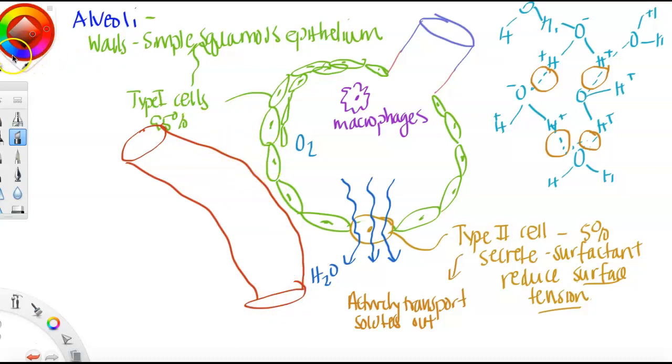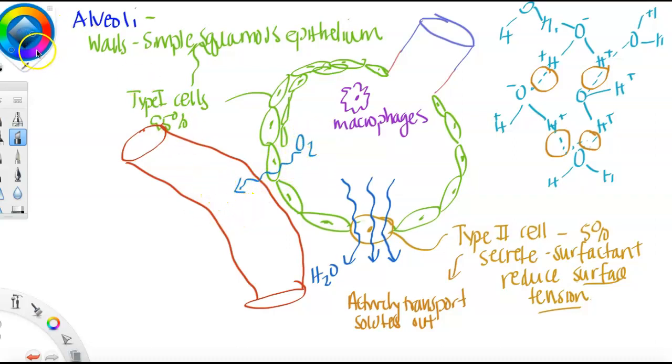So the oxygen just diffuses through, from an area of high oxygen to an area of low oxygen. And remember, the blood that's coming back through the lungs is deoxygenated. It's already been used by the tissues, so it's going to be low oxygen. So that oxygen is going to diffuse readily across from high to low.